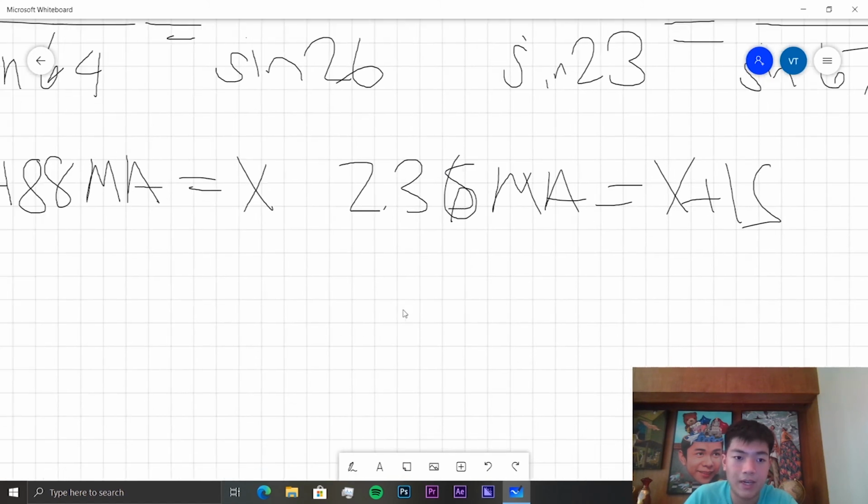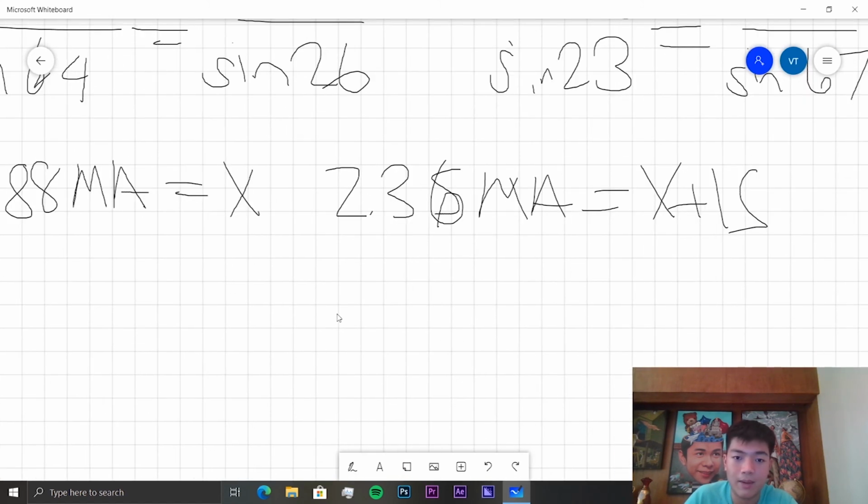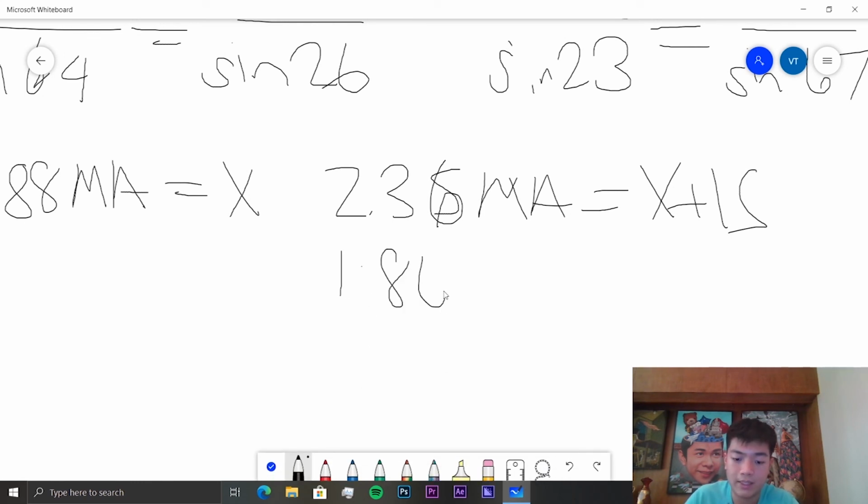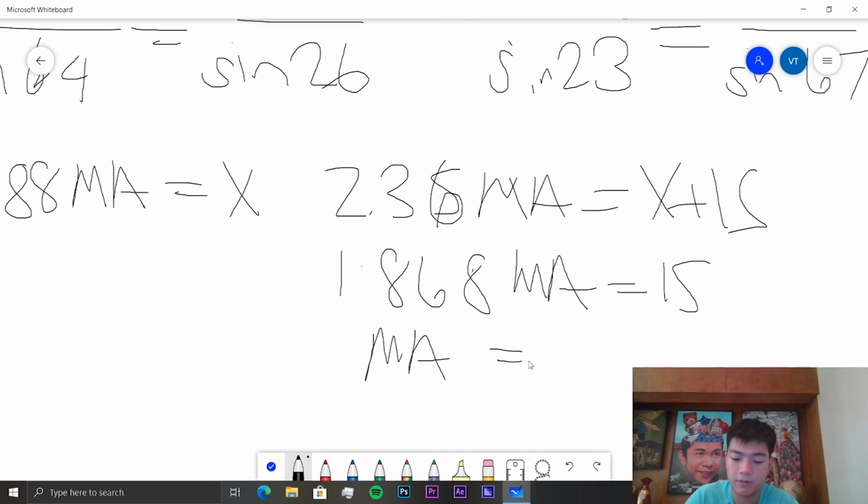So if we substitute x in as 0.488 MA, what we get is this minus 0.488, so around 1.868 MA is equal to 15. So MA is equal to 15 over what we got as the answer. And so MA is around 8.03 meters tall.